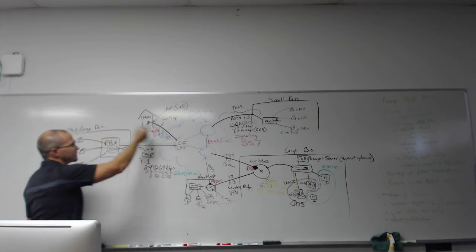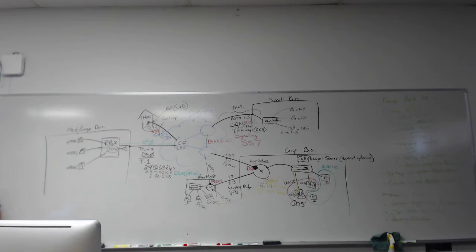The signaling in a local loop, a POTS line, local loop connection, is where the signaling information is sent right alongside the voice traffic. RTP, Real-time Transport Protocol for IP-based digital voice.